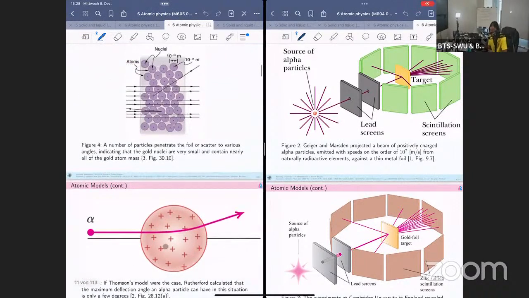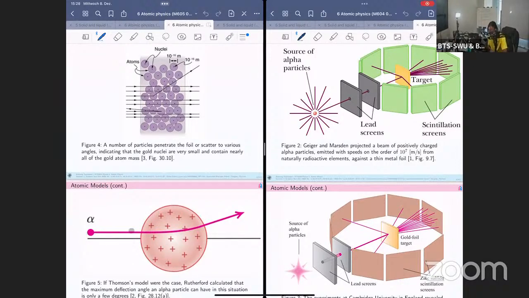And if the atom follows the suggestion of Thomson, Joseph John Thomson, who suggested that the atom contains positive charge in the whole area, like here, right?